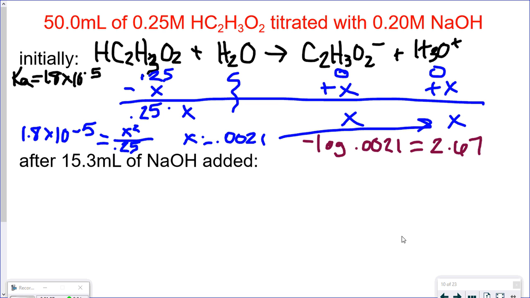All right, let's look at the next part. It wants to know the pH after 15.3 milliliters of base is added. So we need to look at how much is actually neutralized. So remember, when we are neutralizing, we need to look at moles of acid and base that have canceled out.